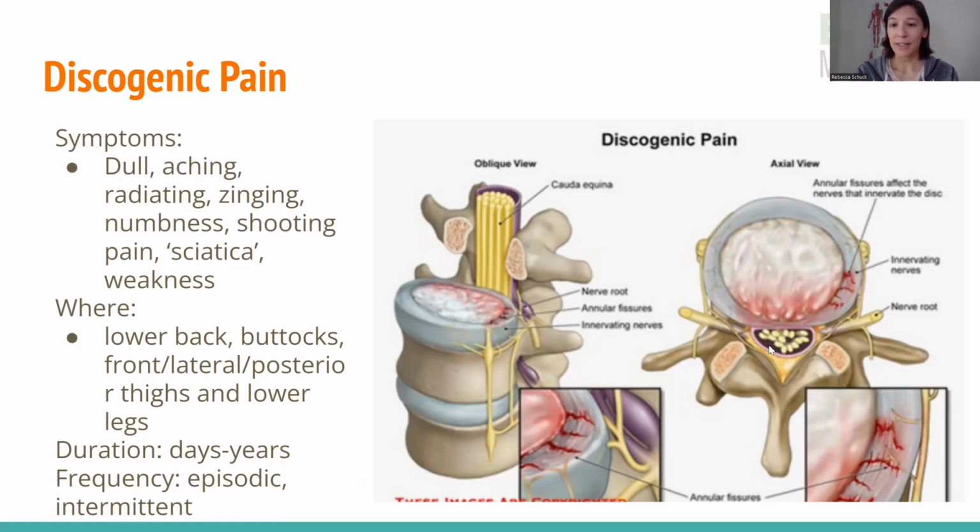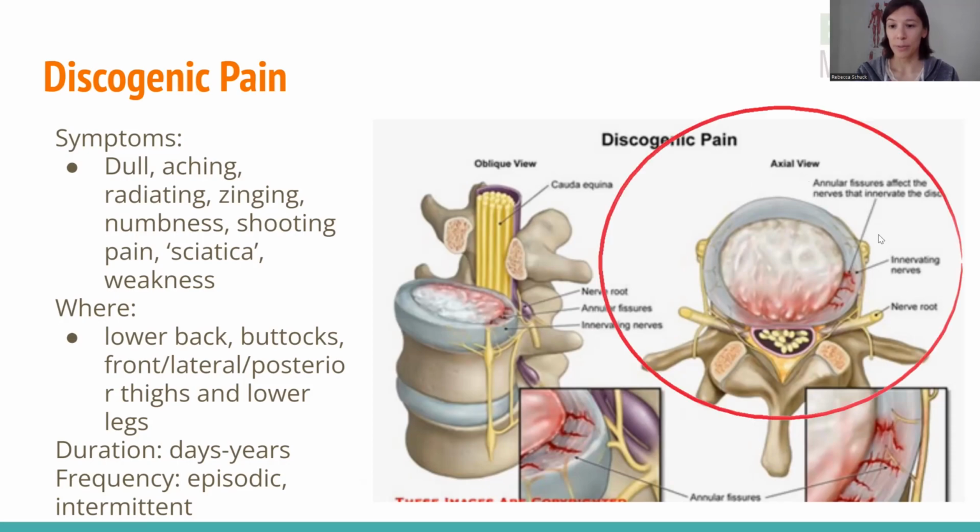So just looking at the right side over here, I just wanted to explain a little bit more about when these fissures start to become larger. And in this disc, the nucleus pulposus is moving to a place where it shouldn't be. Okay, so this is when this starts happening.